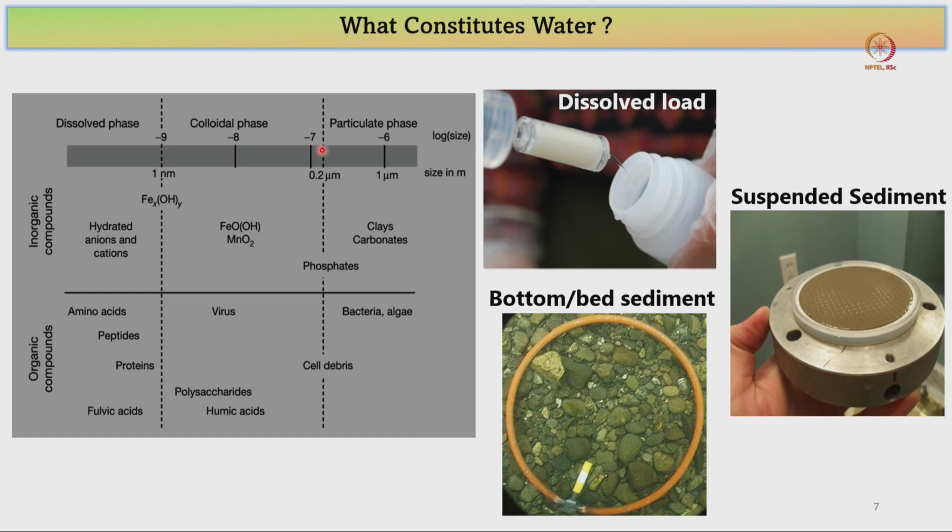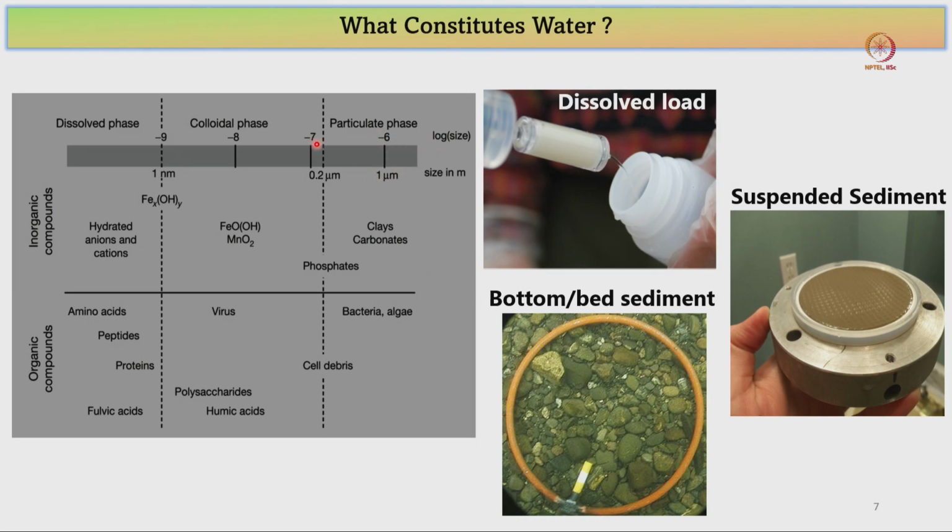So, there are actually three phases. We will start from here, that is the particulate phase, which is whatever is larger than 1 micrometer. Sometimes in the olden days we used this as our filter paper pore size.